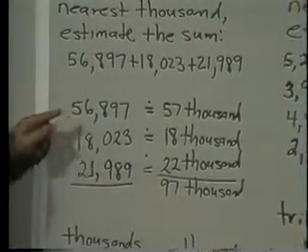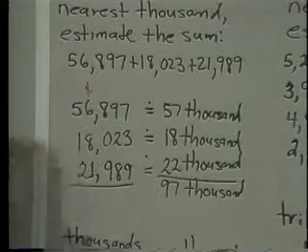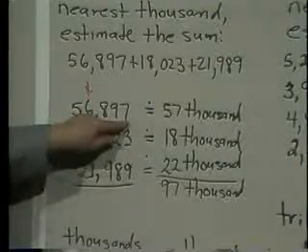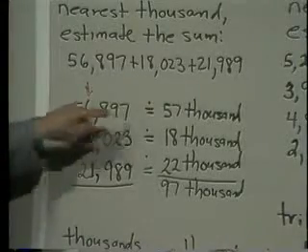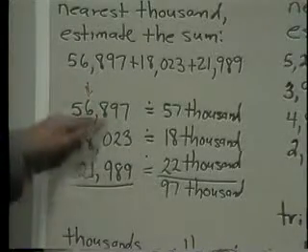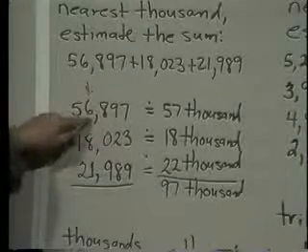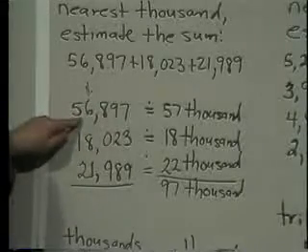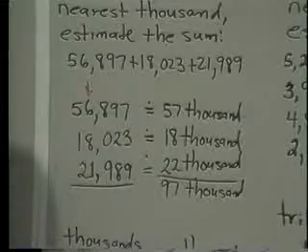But now what we say is, look, if you were counting by thousands here, see, where is 56,897? If you're counting by thousands, it comes after 56,000, but before 57,000. Since this is an 8, that means you're more than halfway, so the 56,000 becomes 57,000. In other words, you're between 56,000 and 57,000, so you round that off to 57,000.